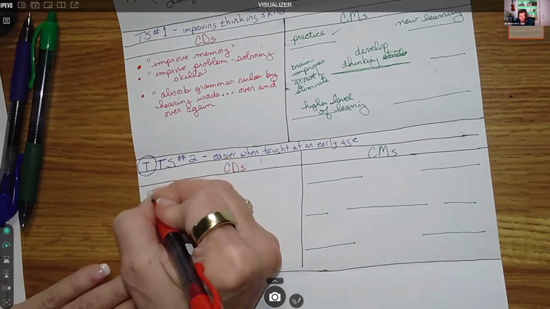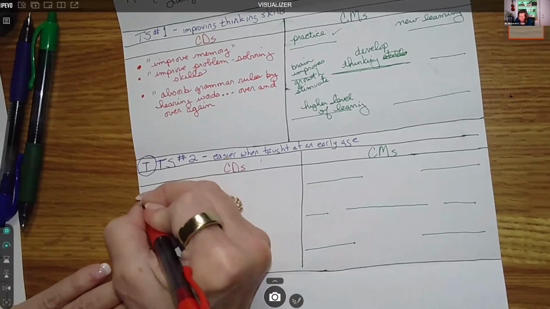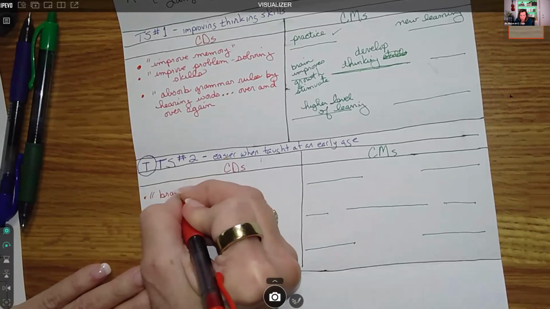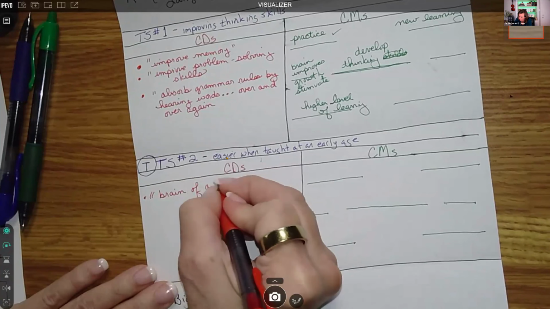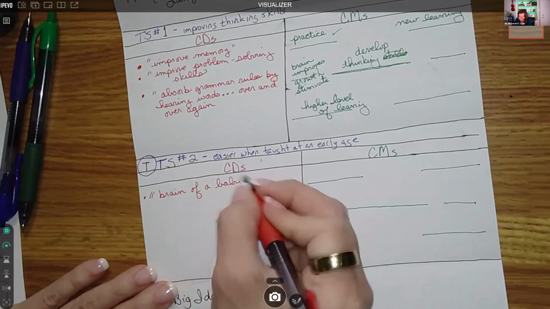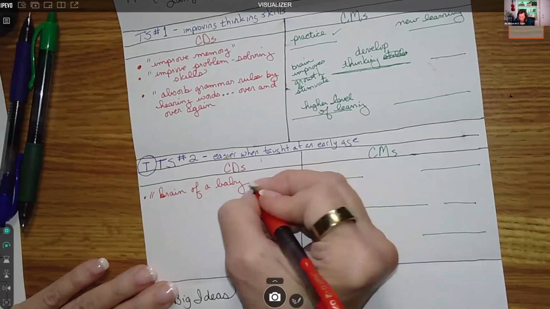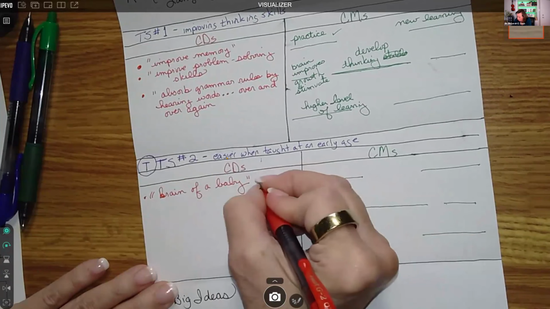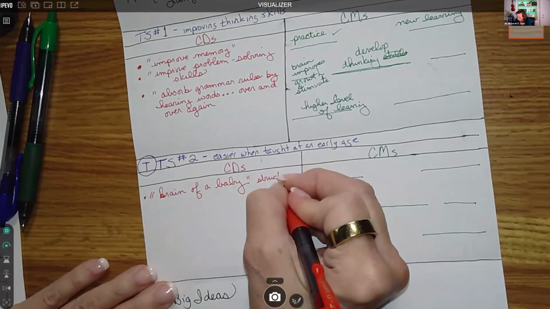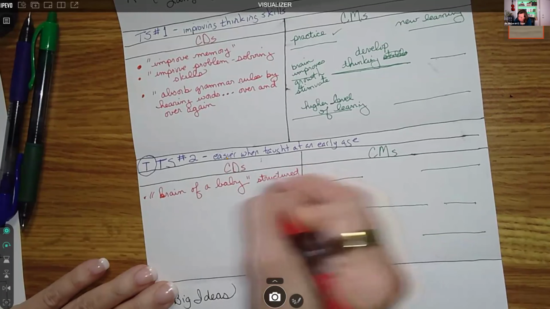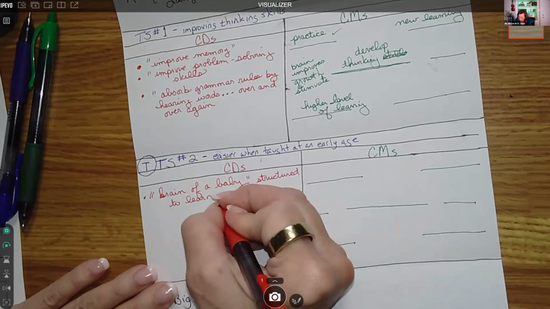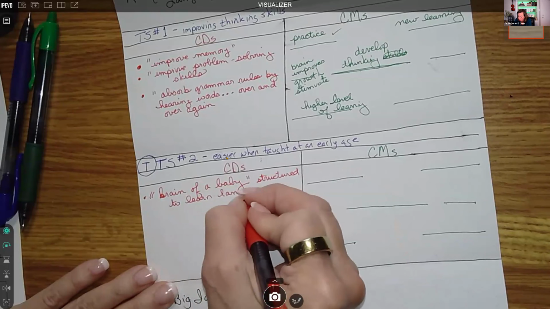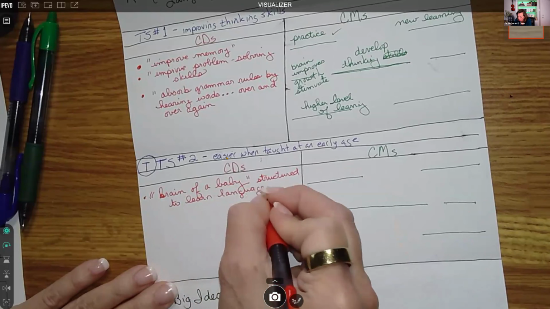And so, okay, that brain, the one about a brain of a baby, that's a great one because it starts about brain of a baby is structured to learn languages. Now, do you have to do all of this? No, you do not. I'm just showing you all the ways they could come up with it.